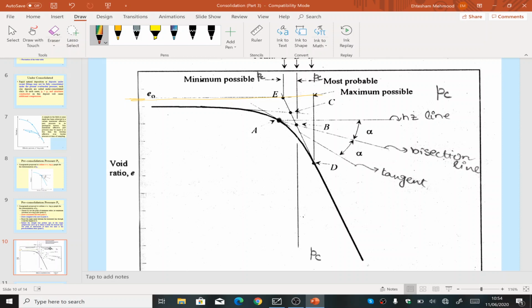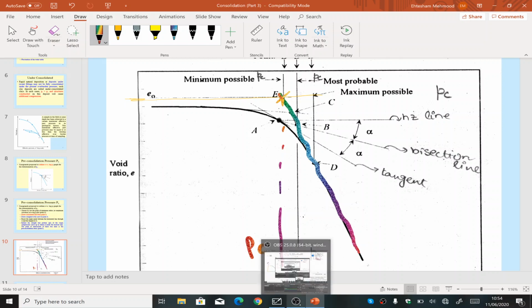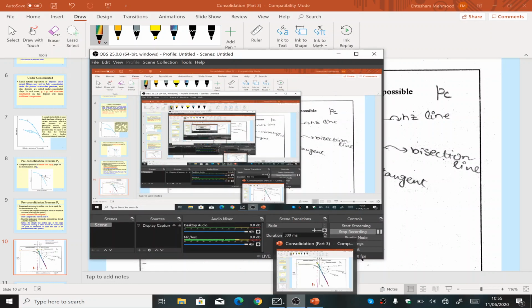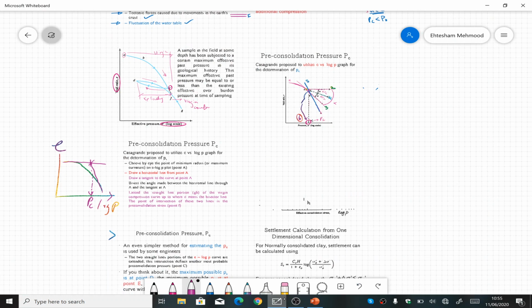Then from the last portion of the curve, draw a straight line and move it upward where it intersects the e naught line. That line can also be used for finding out the Pc. So this can be another method to find out the pre-consolidation pressure. These are the three methods that we generally adopt to estimate the pre-consolidation pressure.